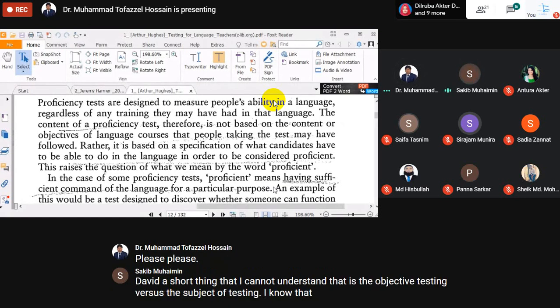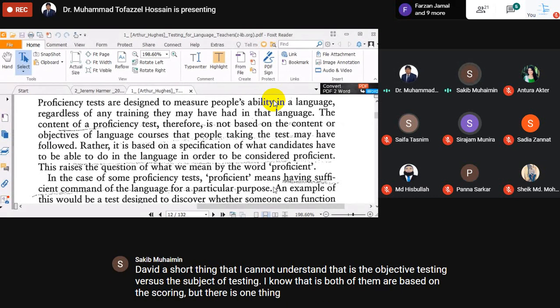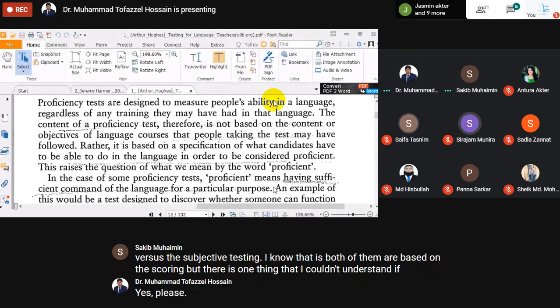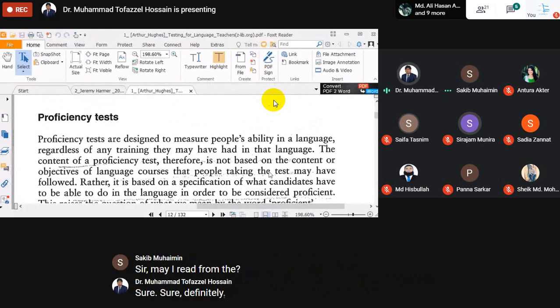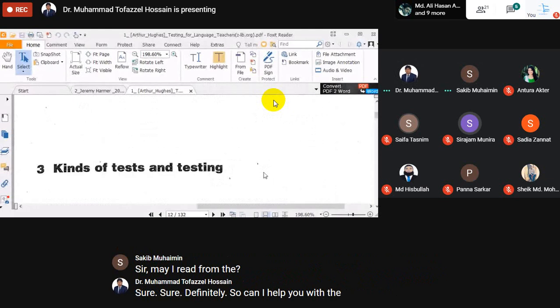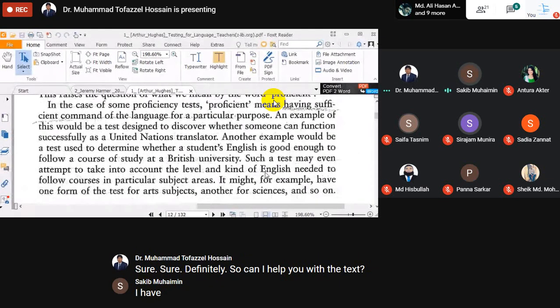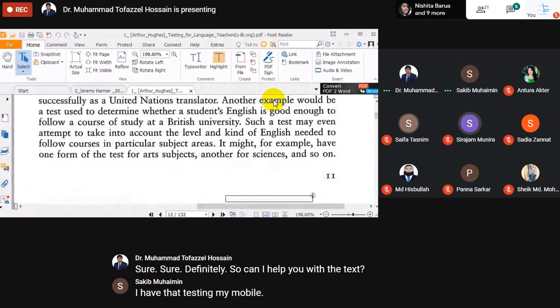I know both of them are based on scoring, but there is one thing that I couldn't understand. Sir, may I read from the text? Sure, definitely. I have that test on my mobile.